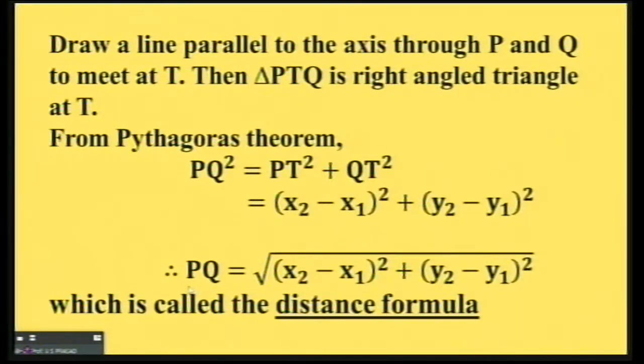Therefore, PQ becomes the positive root of (x2 minus x1) whole square plus (y2 minus y1) whole square. We call this the distance formula between any two points on a plane.